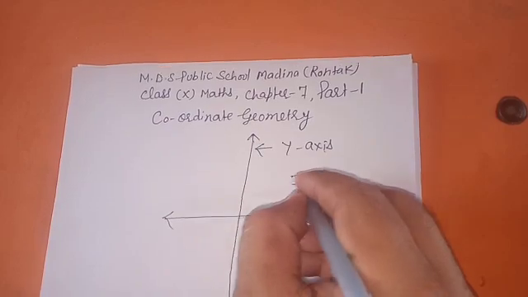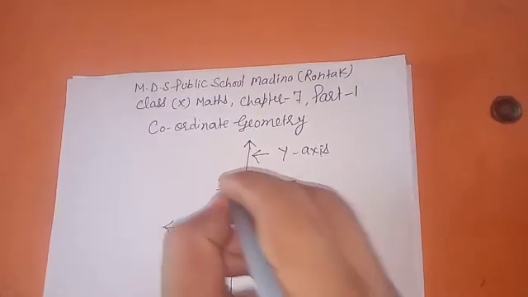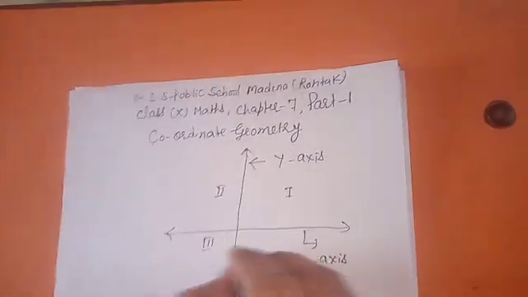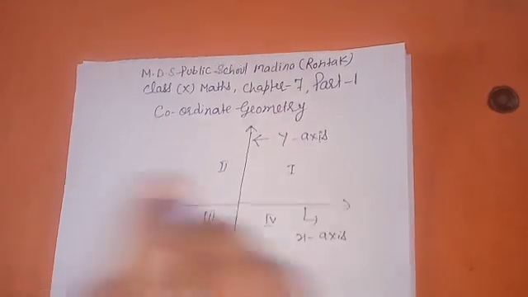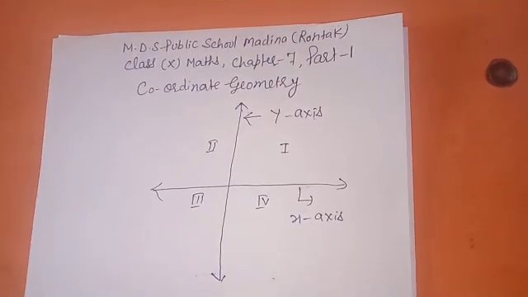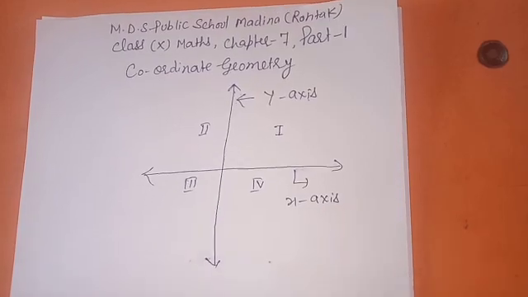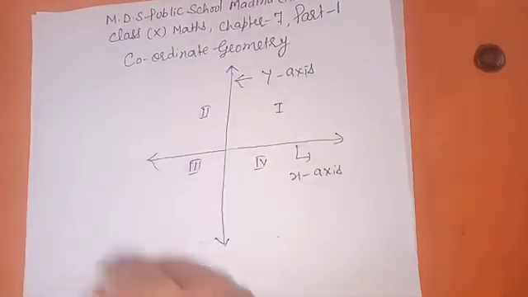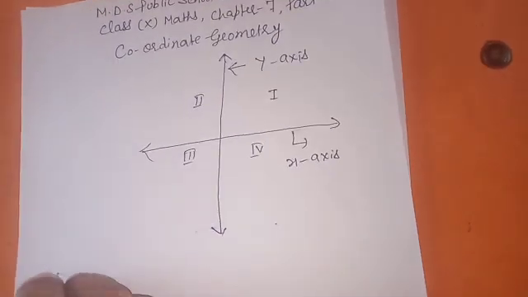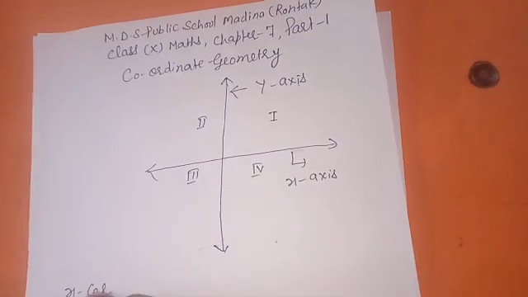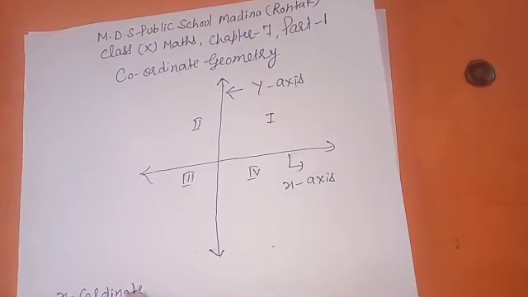This is the first quadrant, this is second, third, and this is fourth. Yes or no? So, you know about x coordinate. X coordinate is what?